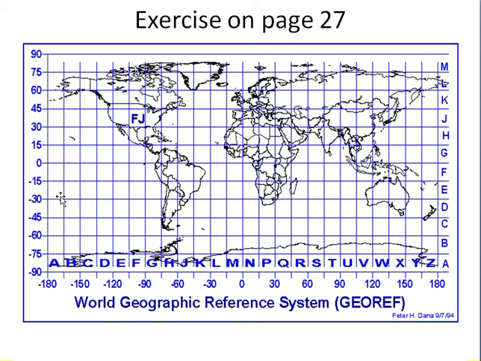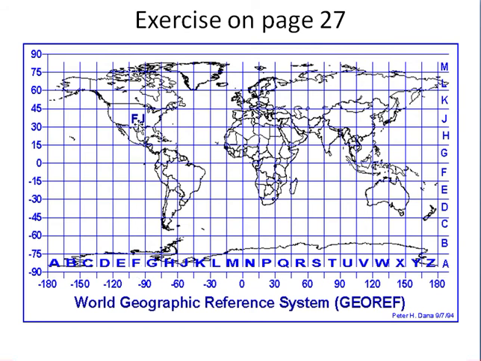Like over here, 30 to 45 degree, there is J. This is J, and from here it is F. So it is called FJ.